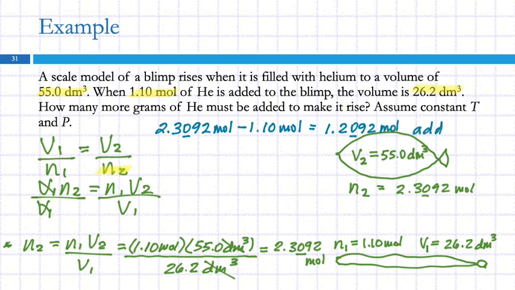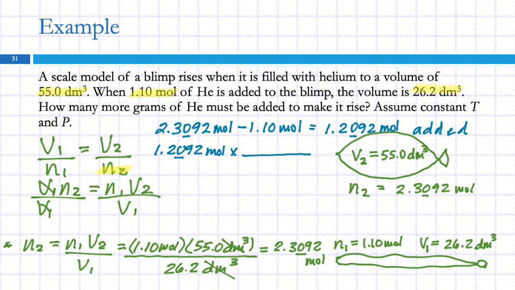That's the number of moles added to make it float. How do I convert that to grams? I see eyes looking at the periodic table. That's right. We need the molar mass.